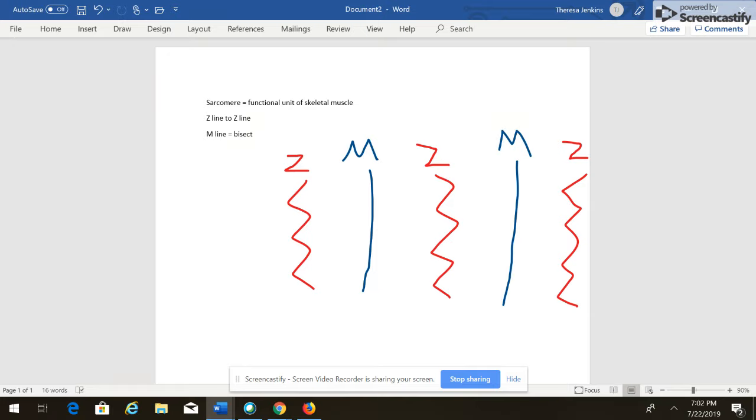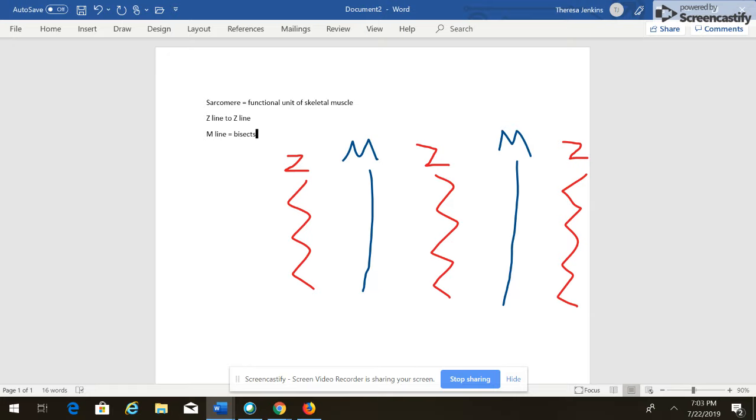Now, a couple of things to remember. When we're thinking about the sarcomere being the functional unit of skeletal muscle, we have to remember that contraction is a part of this. Contraction occurs because of two proteins called actin and myosin, and later we'll talk about troponin and tropomyosin and explain sliding filament theory and how actin and myosin bind together to contract skeletal muscle.